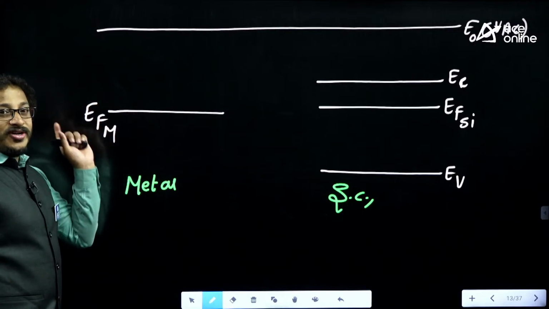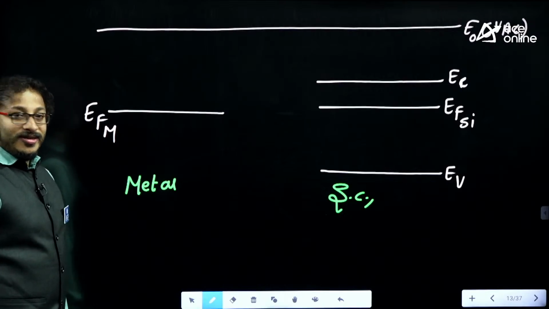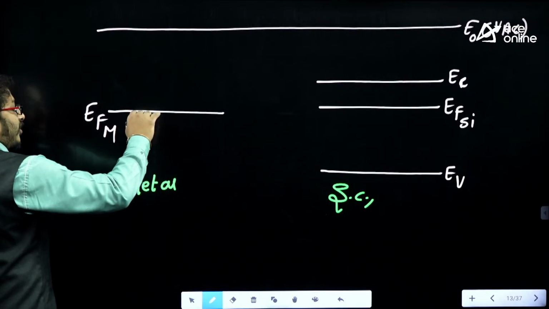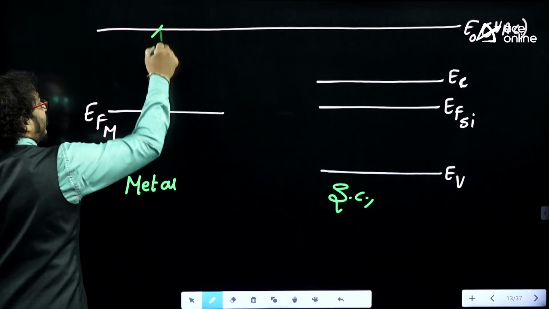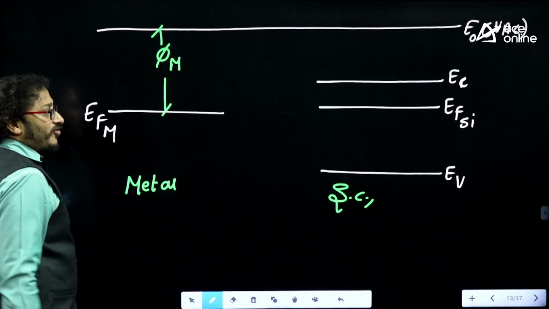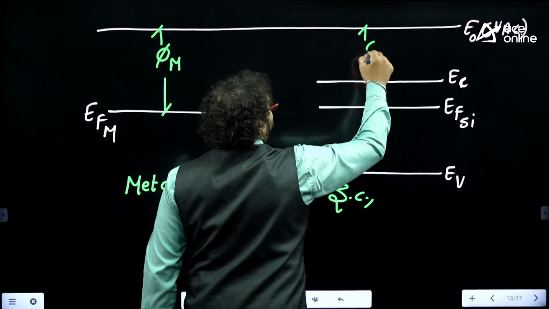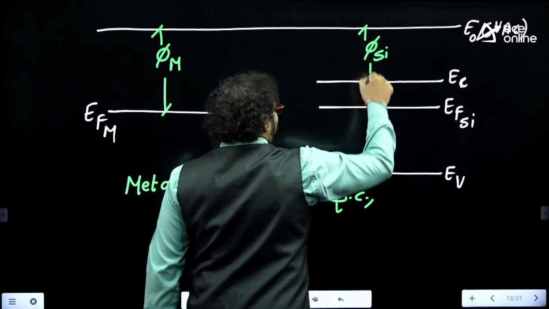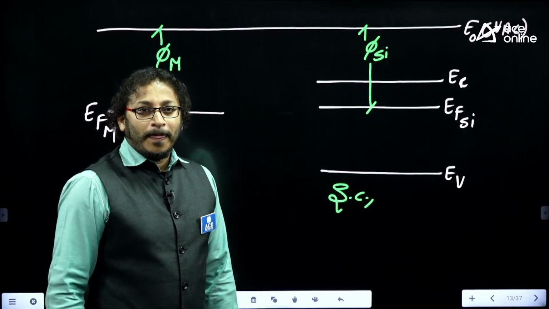So this is enough in the case of conductors, because the conduction band and valence band overlap. Now tell me, my dear students, the amount of energy required to bring an electron from the Fermi level to its vacuum level is nothing but the work function, I say phi m. Phi m represents the work function for a metal. In a similar way, for a semiconductor, assume it is silicon, phi silicon is the work function.